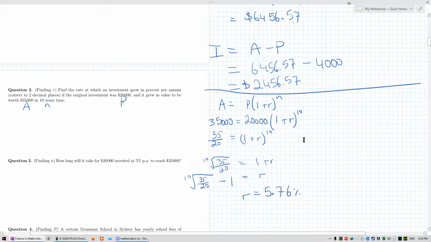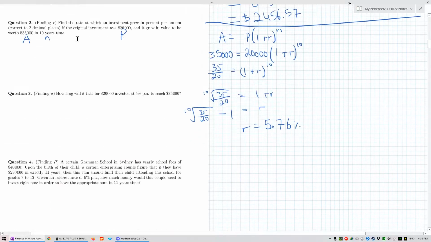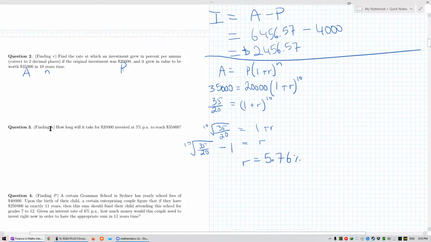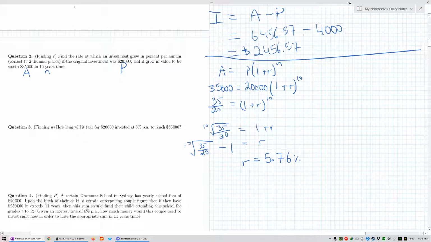And look, they're going to be fairly standard. These are like archetypes, and questions will either ask you to find A and I, or they'll ask you to find R, like this question, or they'll ask you to find N. And there's a slightly different approach to each of them. The key over here really was taking the root, the 10th root. In my experience, this is where students stuff up.